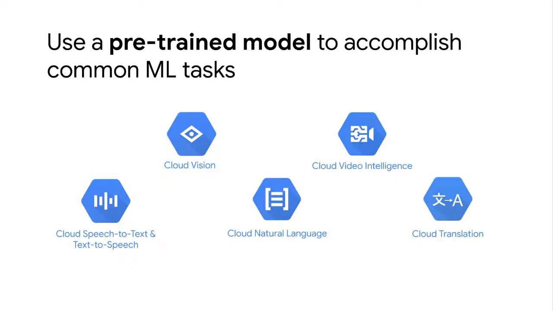So let me show you, for example, the Vision API. If I can get to see here. I can't see it, it's very small here, but the top one there.